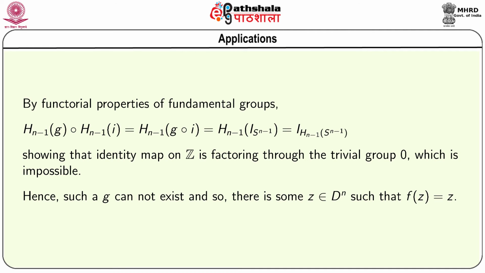So, that means the identity map is factoring through the group 0, which is impossible. Hence, such a g cannot exist, and therefore there must be some z in Dn such that f(z) is equal to z.